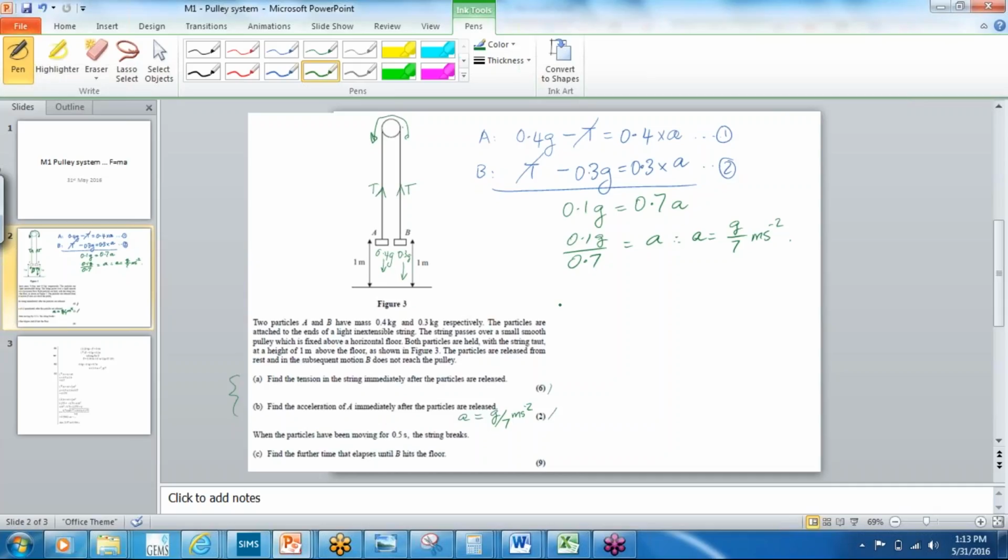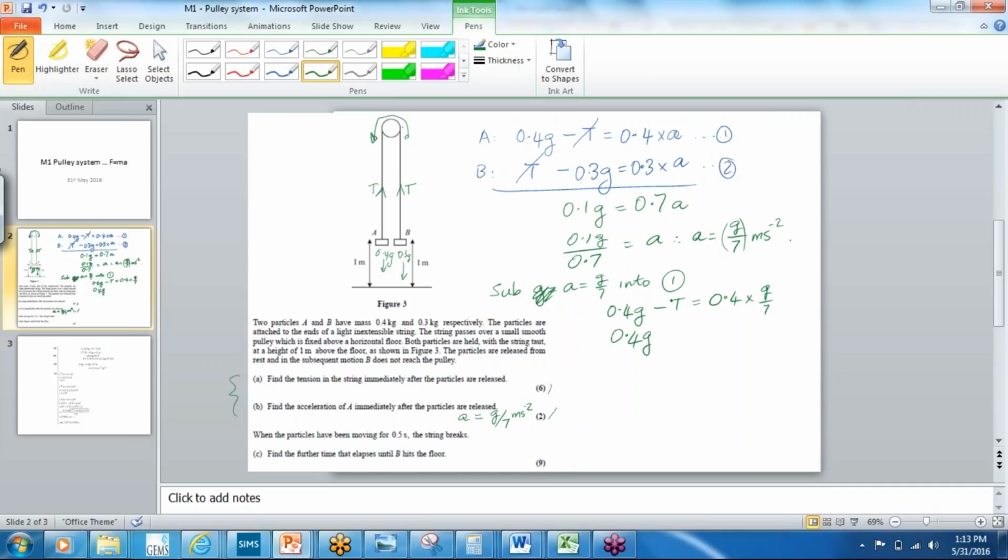To find the tension in the string, we can substitute G over 7 into any equation. Let's substitute A equals G over 7 into, say, equation 1. 0.4 G take away T equals 0.4 times G over 7.